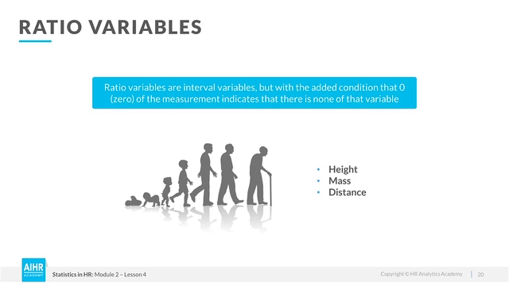Otherwise, they would have had the age of 1 day, 2 weeks, etc. Other examples of ratio variables include height, mass, distance, and many more. The name ratio reflects the fact that you can use the ratio of measurements. So, for example, someone who is 34 years old is twice the age of someone who is 17 years old.